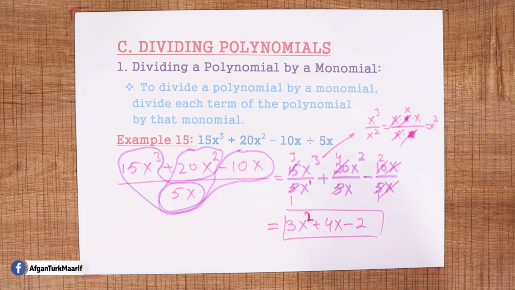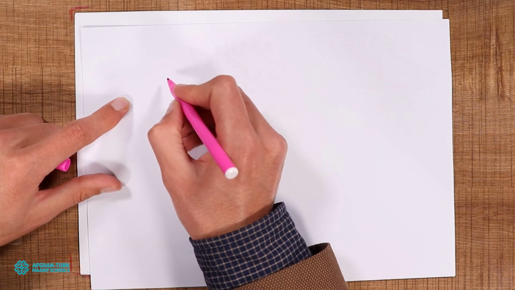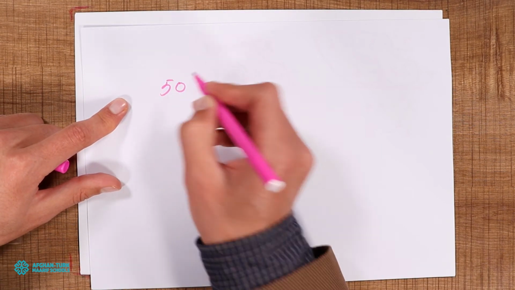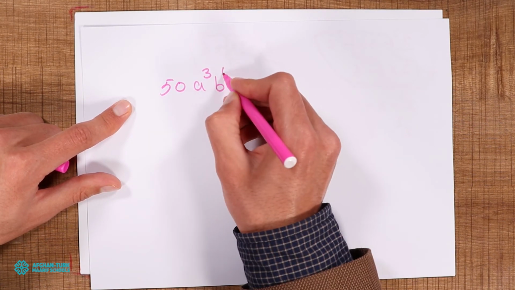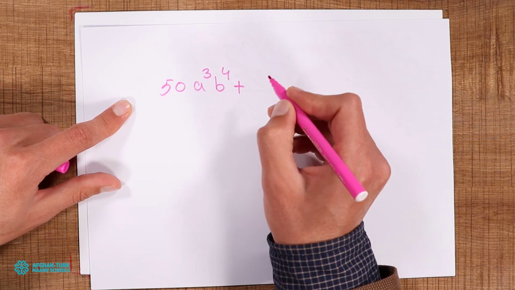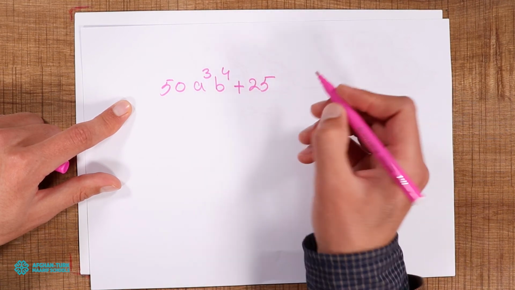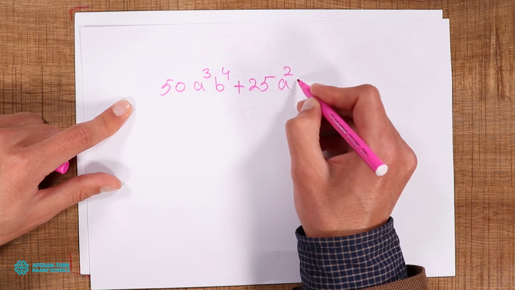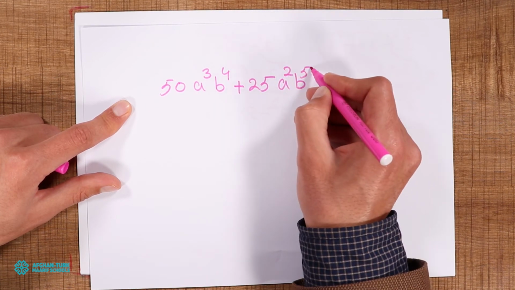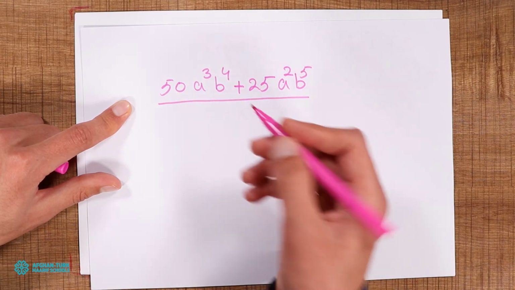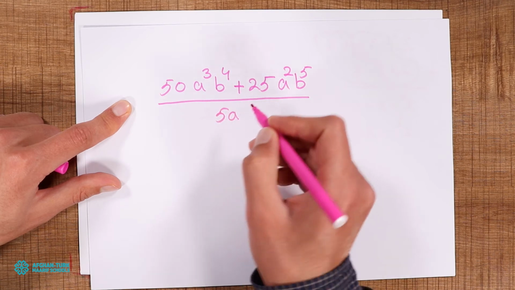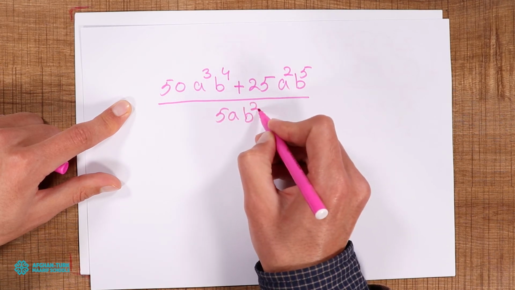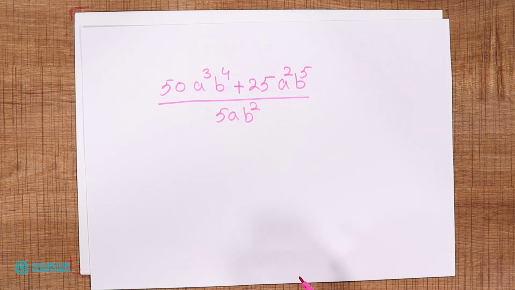Let us solve another example. For example, if we have 15a to the power of 3 b to the power of 4 plus 25a squared b to the power of 5, and this all divided by, for example, 5ab squared. What will be the answer for this division?